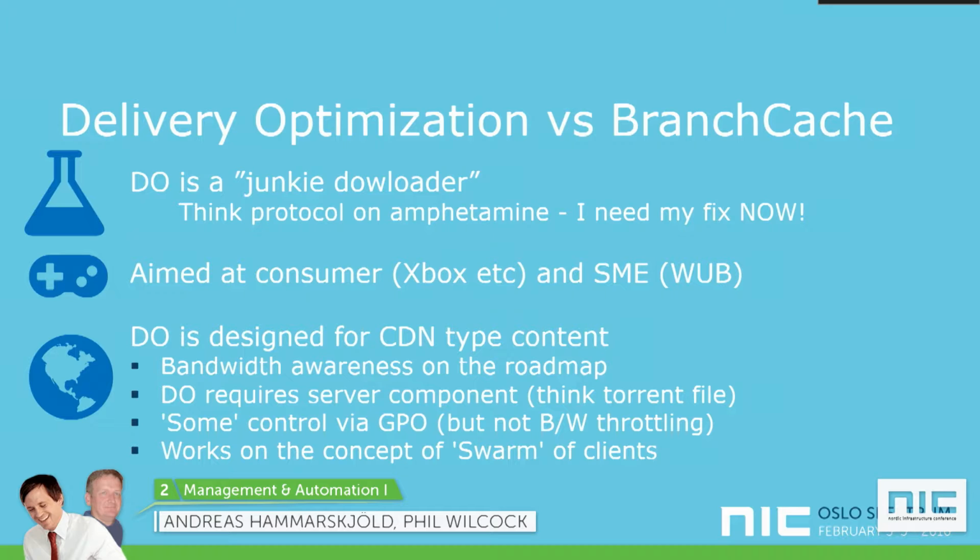I spoke to the product manager for Delivery Optimization, and she was fairly emphatic that it's pretty much for the small business and consumer market. There aren't any plans at the moment to develop a public API or anything like that.